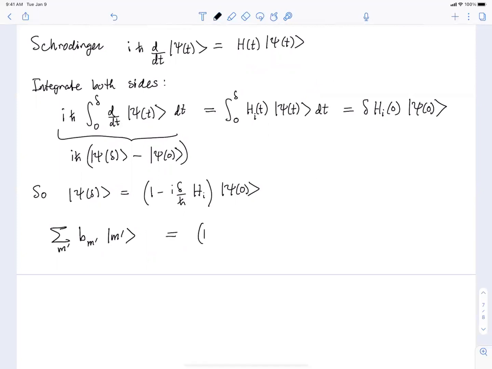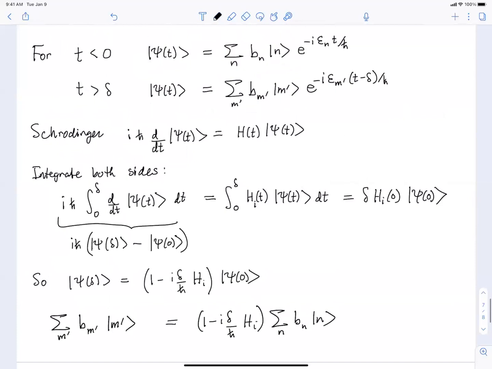On the right, we get 1 minus i delta over h bar, the interaction Hamiltonian, sum over n of b n, n. There were these exponential factors, but we've cleverly arranged that when we plug in delta here, the exponent equals 0, so I'm taking e to the 0, which is 1. And on the left side, when I plug in t equals 0, this is just turning into 1. And so the exponentials just go away, and that's why I didn't write any exponentials here.